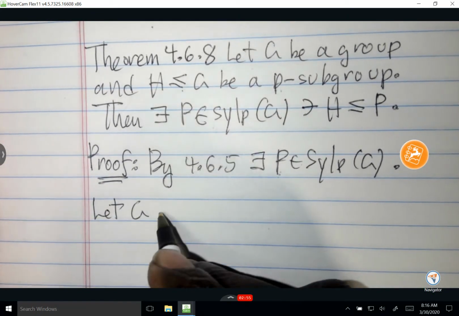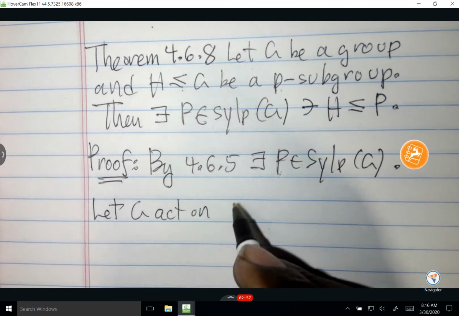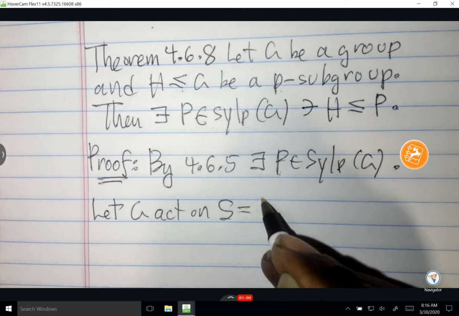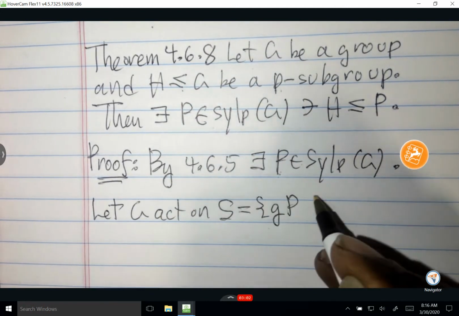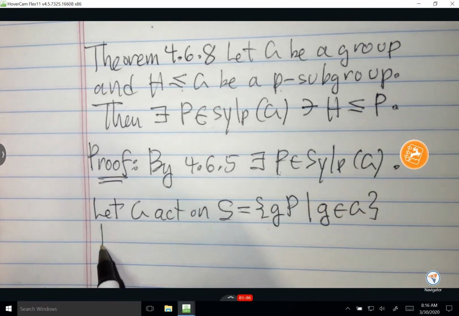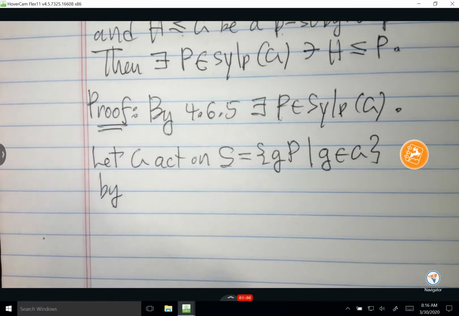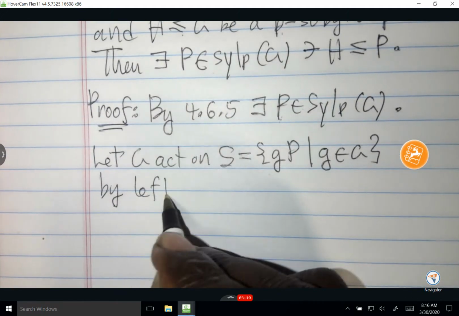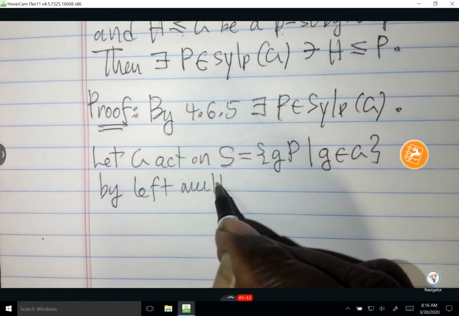Let G act on, I'll call it S, the set of left cosets of P in G by left multiplication.